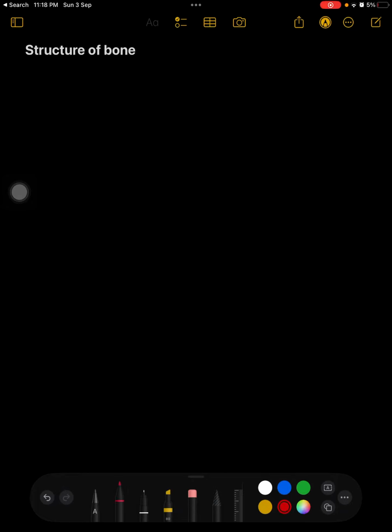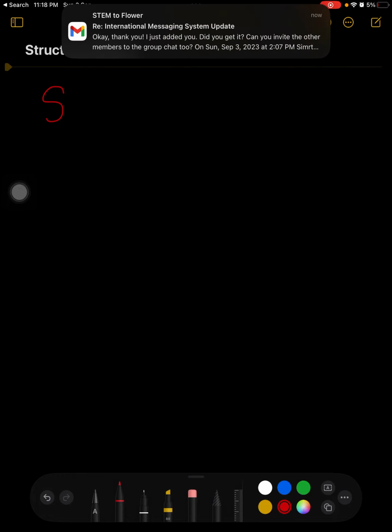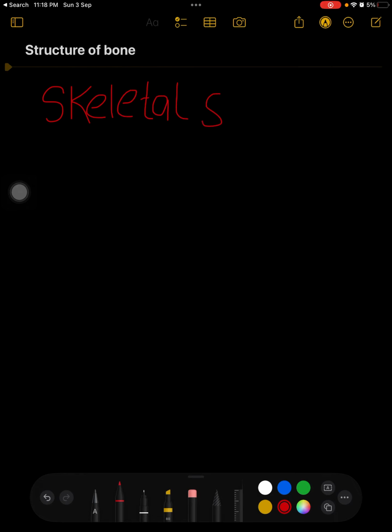So today we will discuss the structure of bone, but before proceeding to that, we'll be discussing what is basically the skeletal system. What is the skeletal system? Right.